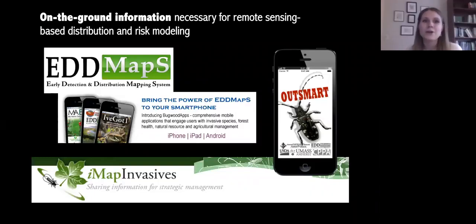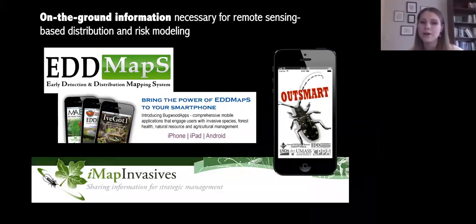As many of you know, with the advent of smartphones and readily available, inexpensive GPS units, there's been a great increase in the recording of invasive species data, and a lot of this data is being archived through projects like EDDMapS and iMapInvasives. This information, again, is very critical for connecting what's happening on the ground to what we're seeing from remote sensing instruments.